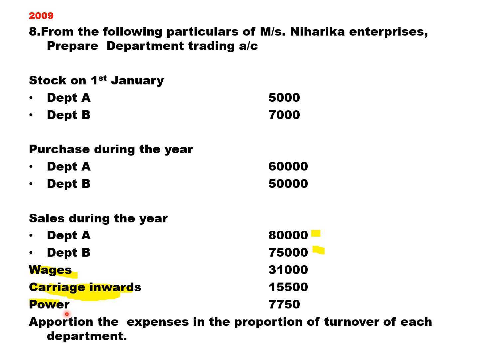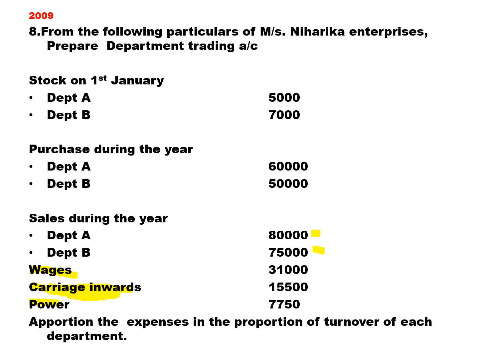So all the three expenses you need to distribute in sales ratio. So students, the area of concentration is only 3: wages, carriage inward, and power. You need to distribute only these 3, students, all in sales ratio.